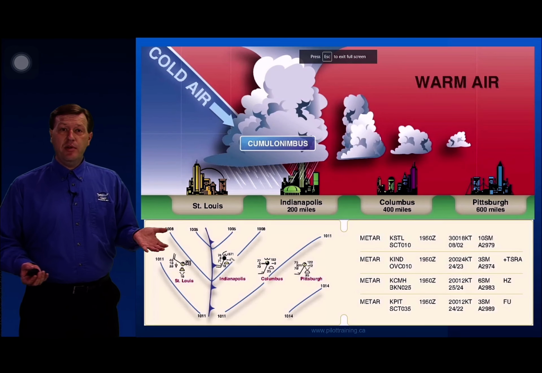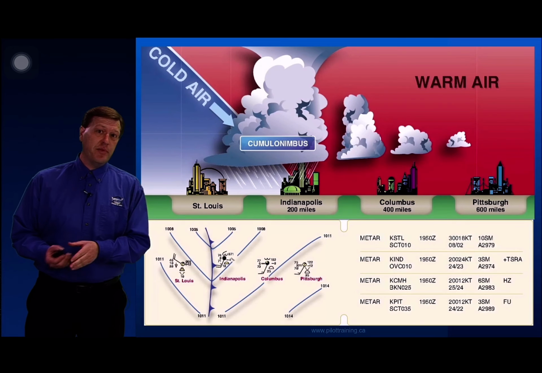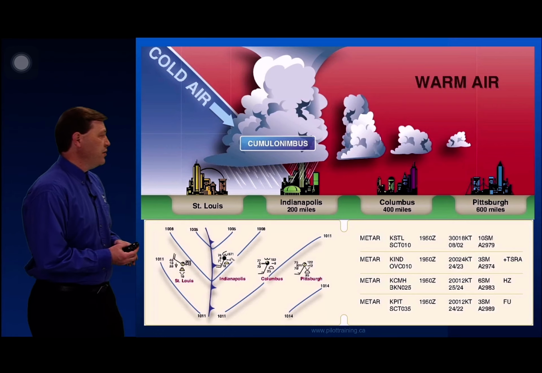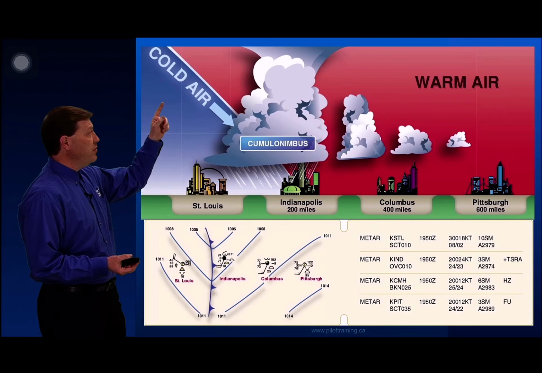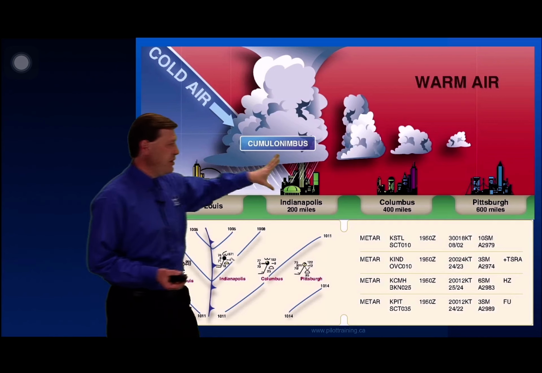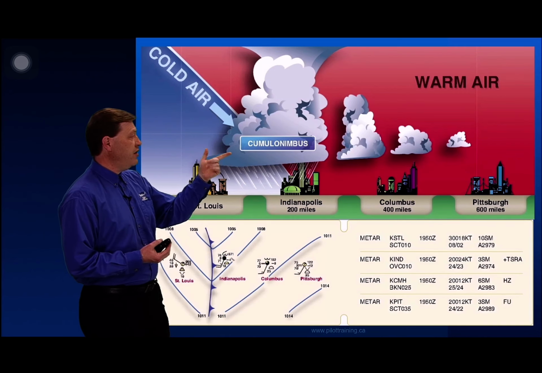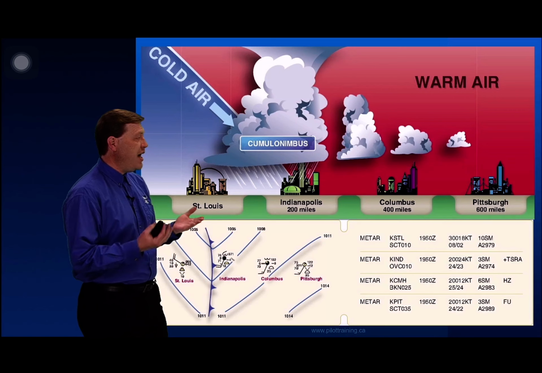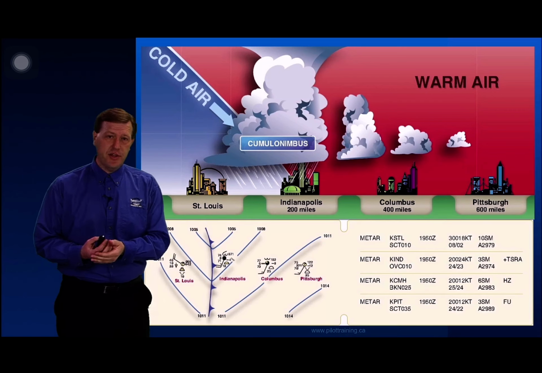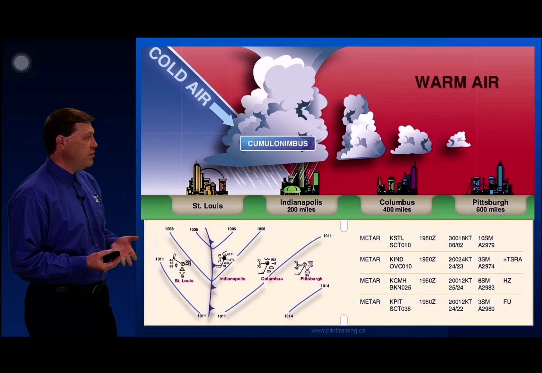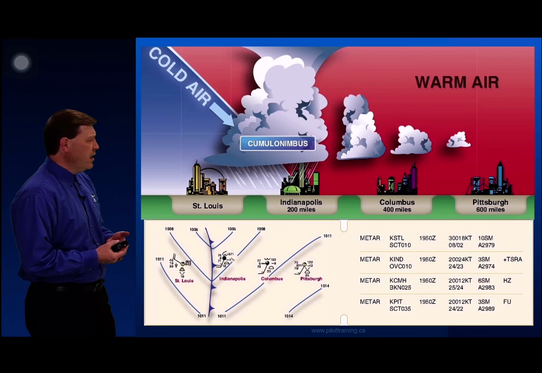Here's another example of a cold front as viewed from the side. So a few things to notice here. Again, we've got this cold air pushing underneath. Notice the clouds right here. They show cumulonimbus, so this is a very powerful set of clouds. Very, very unstable warm air, obviously.